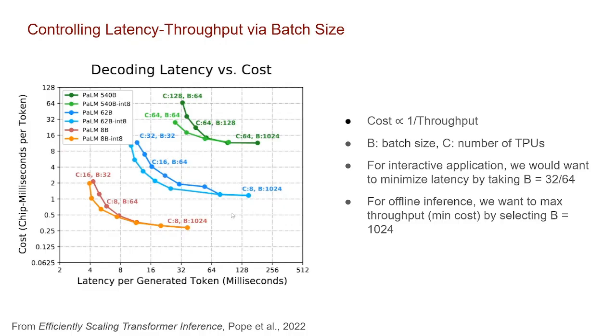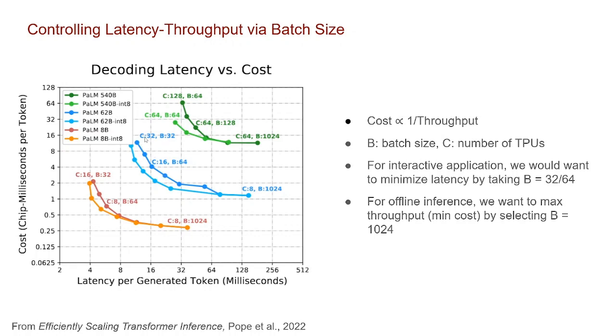This is some experimental results from this paper on PaLM models, on different sizes of these models, both quantized and non-quantized versions. Here we are plotting on the y-axis cost, which is inversely proportional to throughput. B here stands for the batch size.